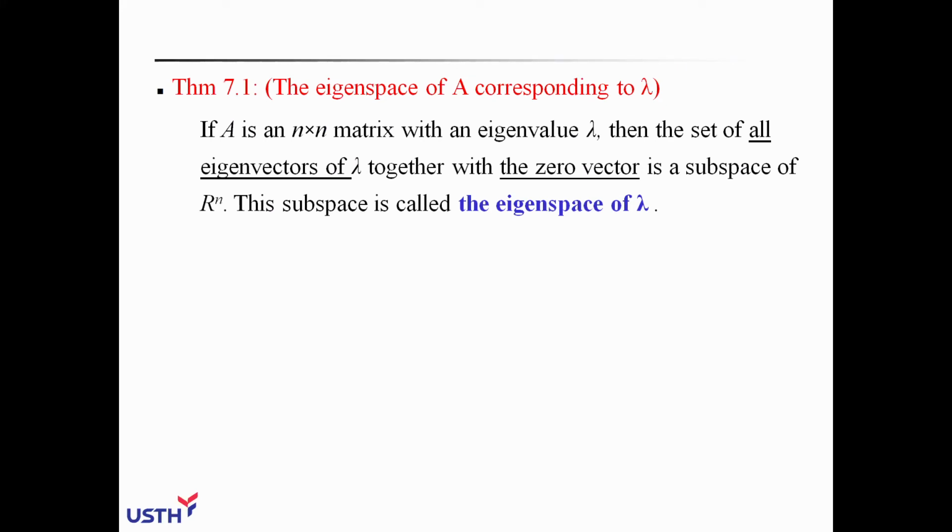They all make a subspace of Rn, and we call that subspace the eigenspace of lambda. So why do we need to consider it together with the zero vector? Because the eigenvectors we require are always non-zero vectors. But you remember that any vector space or subspace always needs to have a zero vector. So that is the reason why here we need to add the zero vector.